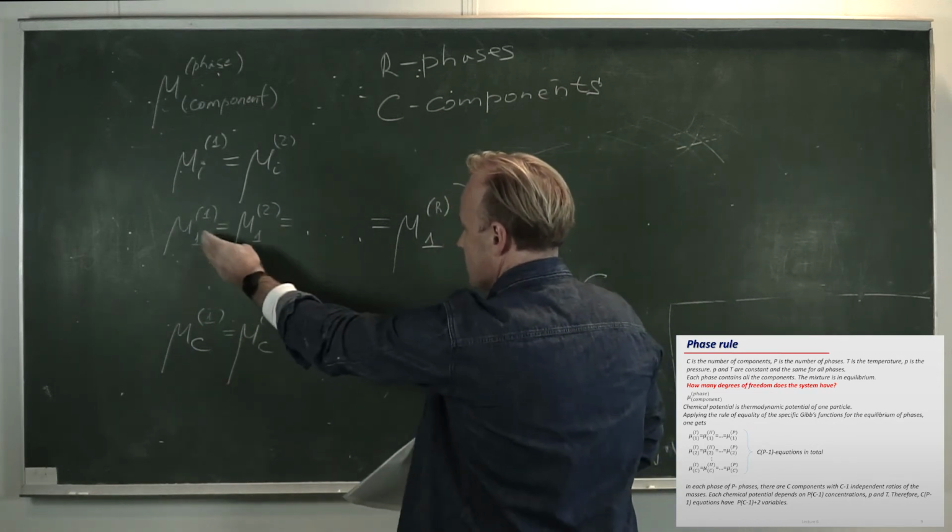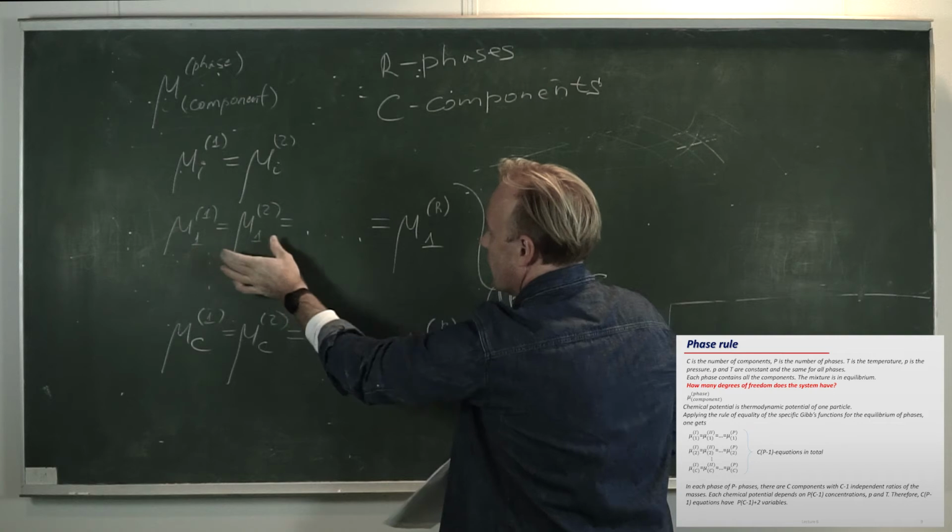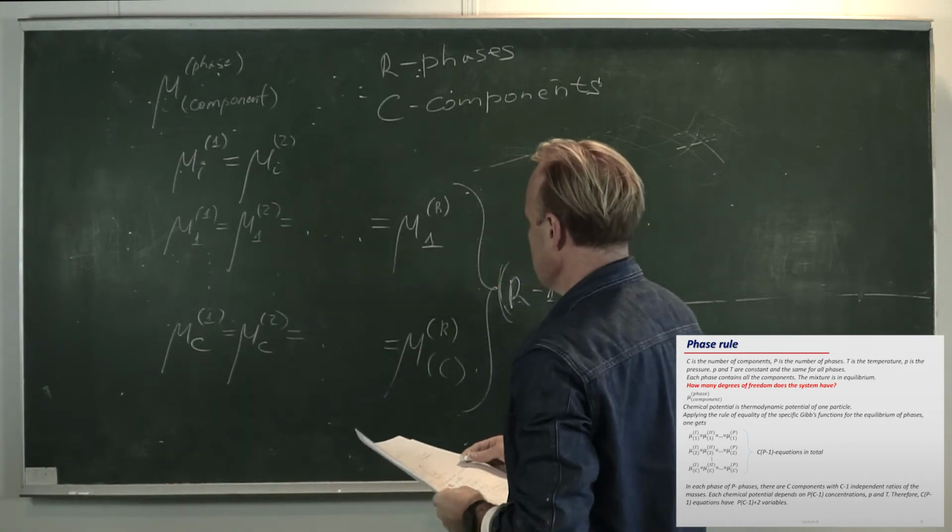C components, C lines, and here I have R minus 1 equalities in one line.